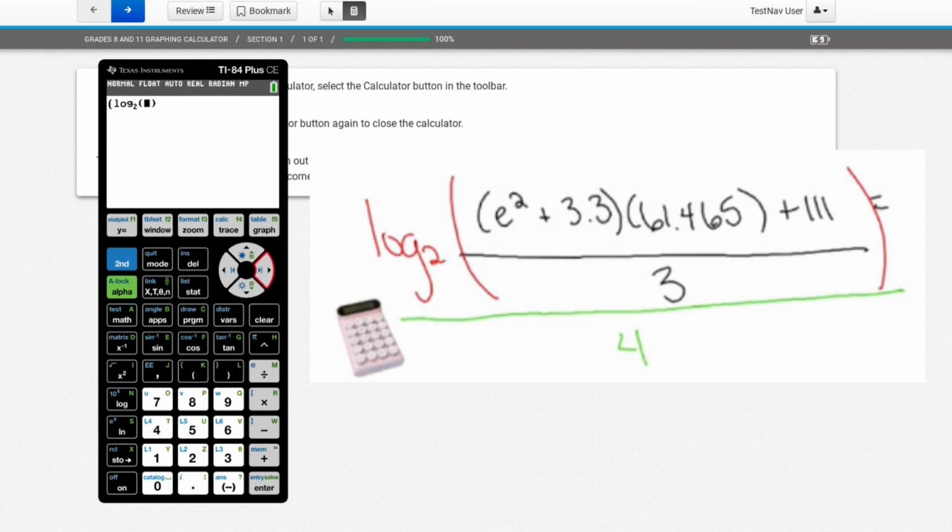Before, you would have to do the change of base formula. Not anymore. Now what I have is a really big fraction, and with really big fractions, I like parentheses. So I have another parentheses. I'm going to type in e squared, second e to the whatever squared, plus 3.3, close that parentheses, 61.465, close parentheses, plus 111.